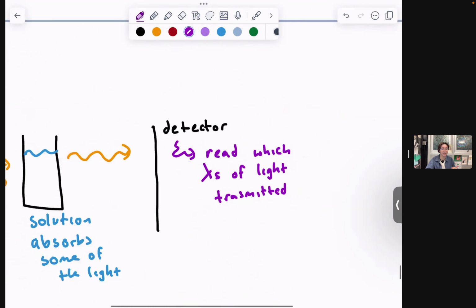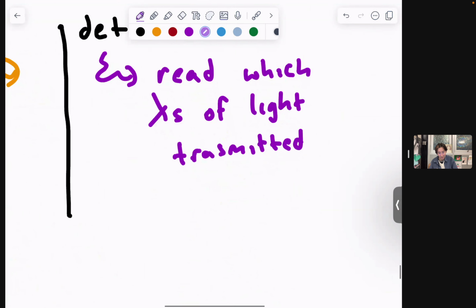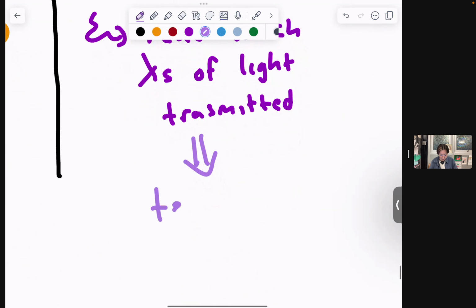So it's actually reading what light is getting to the detector. But from that, compared to the source, the difference is whatever got absorbed, right? You can get it to report what was transmitted, but that's not as helpful. So it'll just read it out to you as what was absorbed, and it tells you which wavelengths were absorbed.